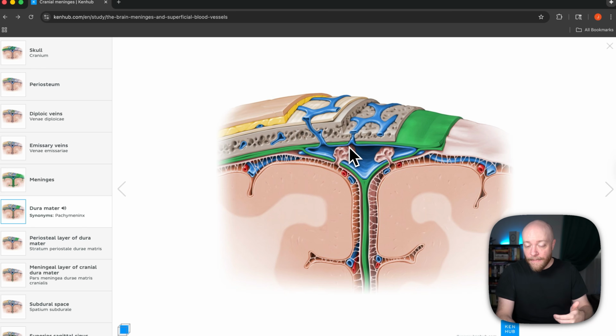On the flip side, imagine that there is a potential space between the dura and the skull. This is called the epidural space. Now, this is going to be slightly different in the spinal cord because you've probably heard of someone getting an epidural. We'll leave that for a different video. This more so is a potential space, and imagine you hit your head, and again, blood is now flowing between the skull and the dura.